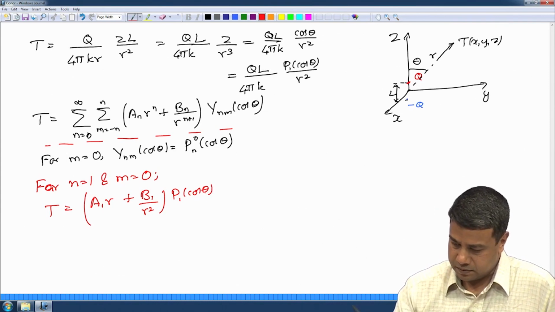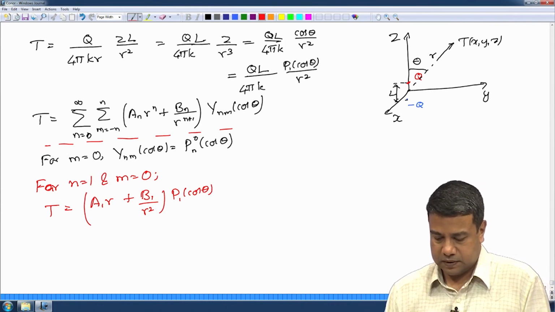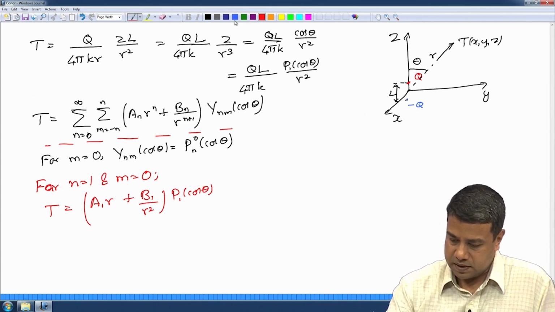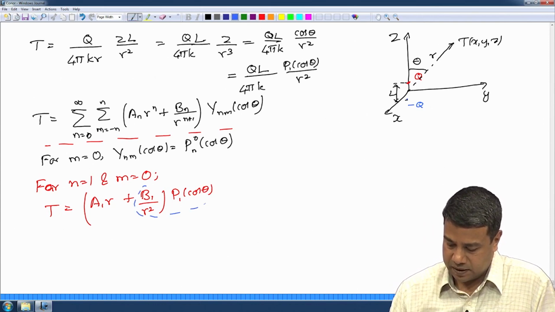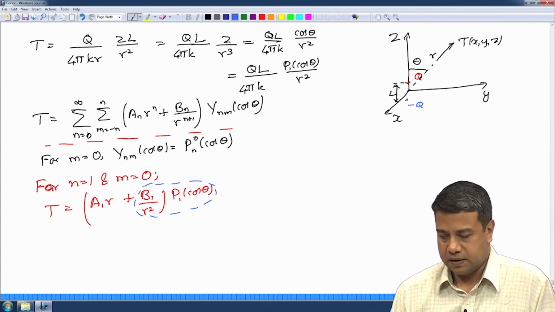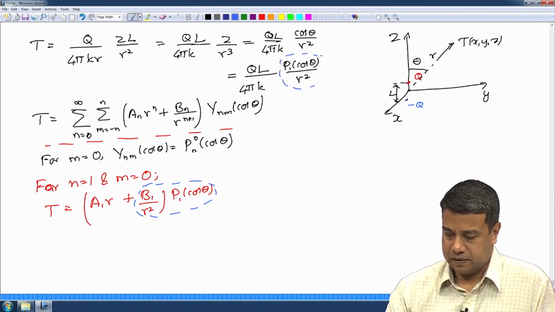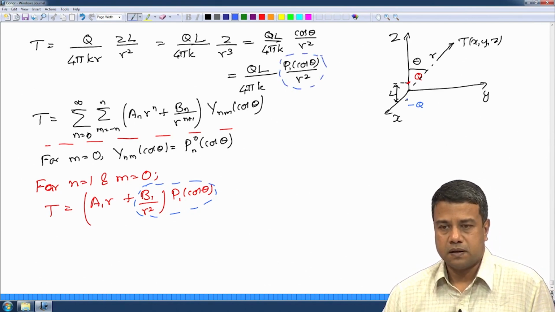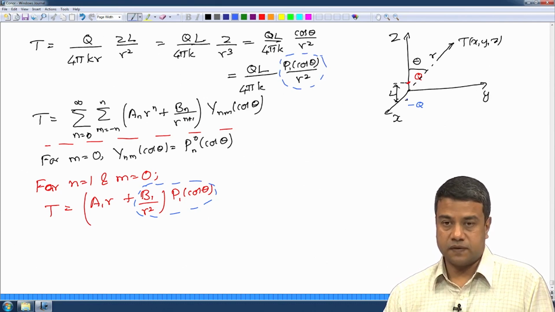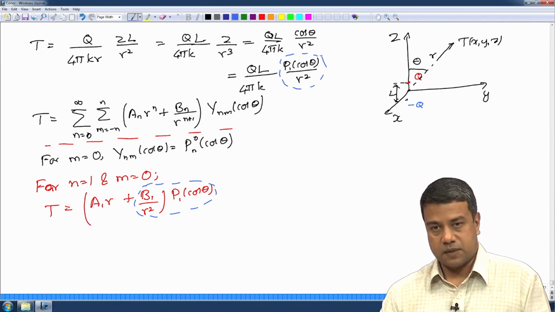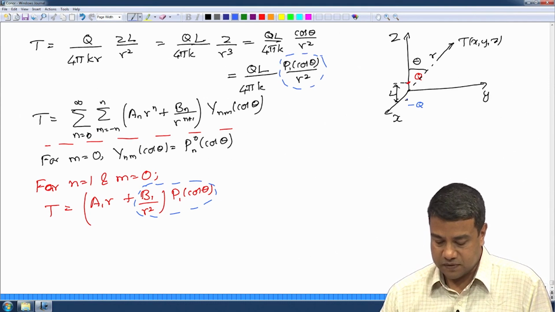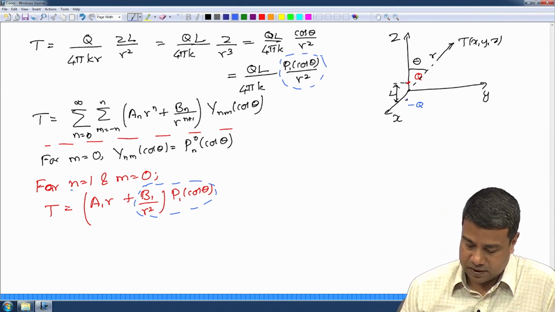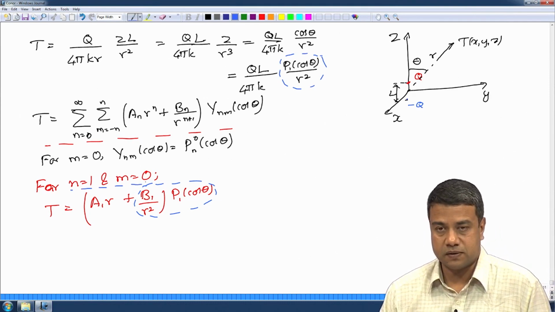This term here, 1 over r square times P1 of cos theta, is exactly what I have got over here. So, the superposition of a source and a sink separated along the z axis gives me the solution for n is equal to 1 and m is equal to 0.